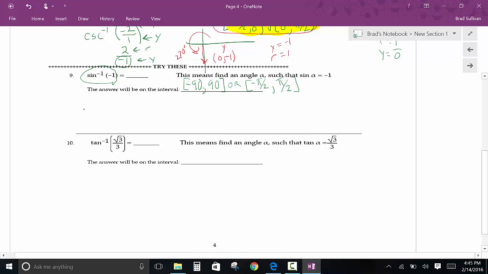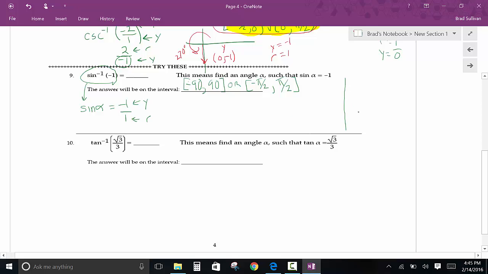So the next thing to consider is what this statement really means: the sine of alpha is equal to -1. You're trying to find that angle alpha, so I'm going to put that over 1. So that's going to say that y is -1 and r is 1 because that's the definition of the sine.